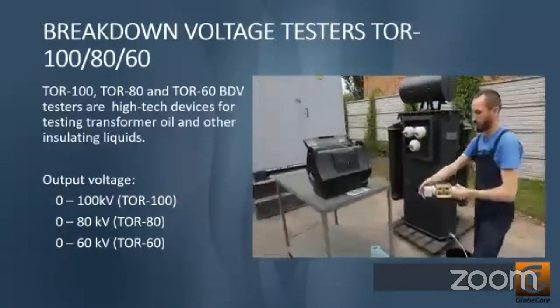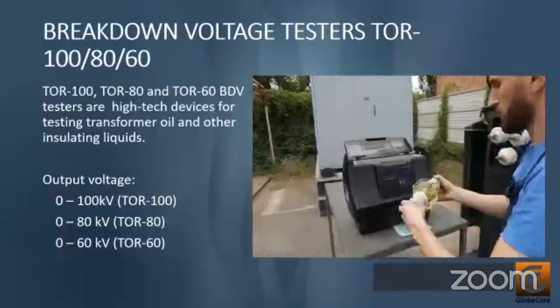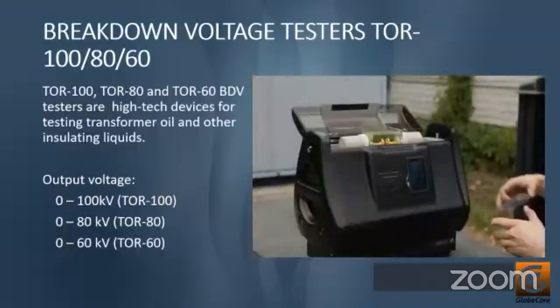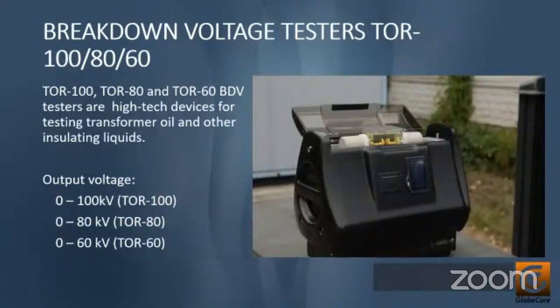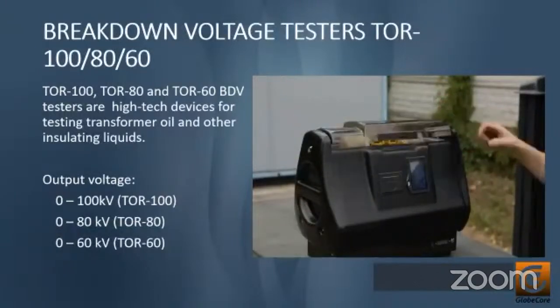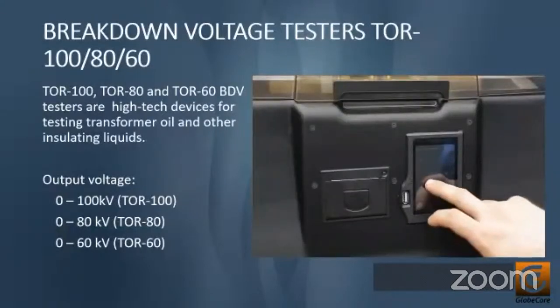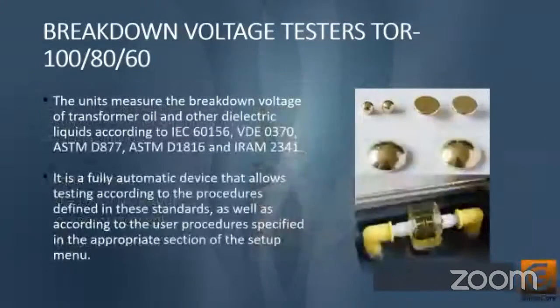You have the procedure running in the field, and the TOR 80, TOR 100, and TOR 60 can work by batteries, and that gives you the possibility to make the test in the field.